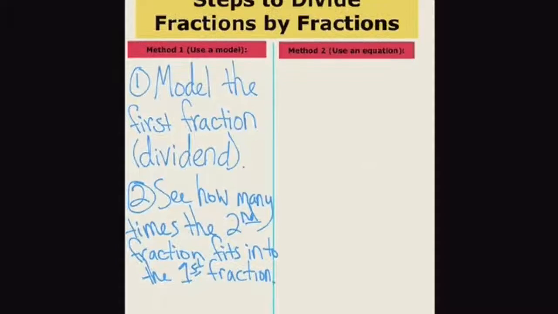Okay, now with method 2, using an equation, step 1 is we need to make sure any whole numbers are written over 1 and any mixed numbers are written as improper fractions. So let's write that down.